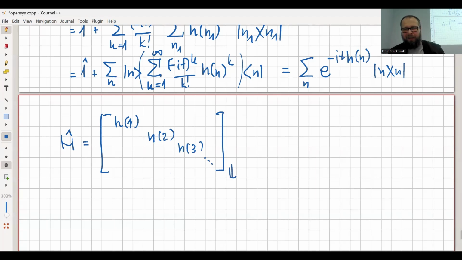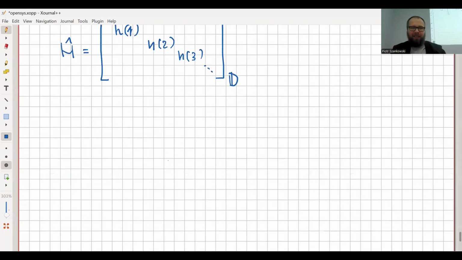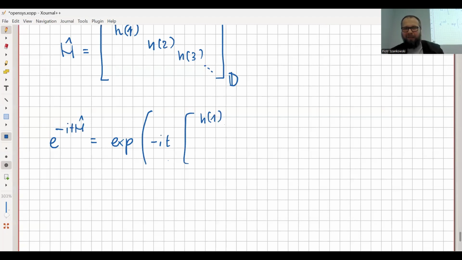So that would be a matrix representation of our Hamiltonian in this basis. So if you take the exponent of minus i t H, this is like taking the exponent of a diagonal matrix.